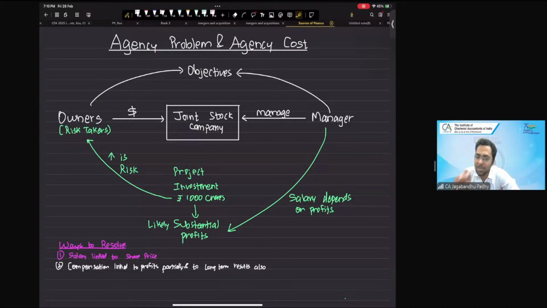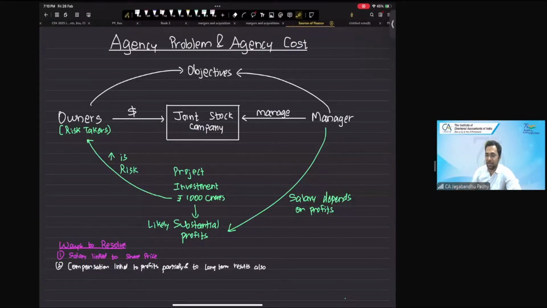So if I take a wrong decision, if I invest in a very risky project, the manager may lose some portion of his salary. Now, will the manager think about risk before taking the investment decision?